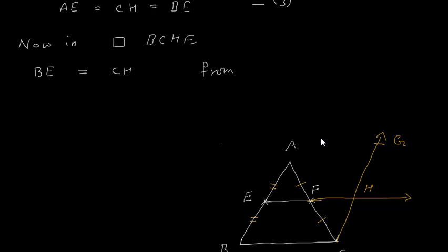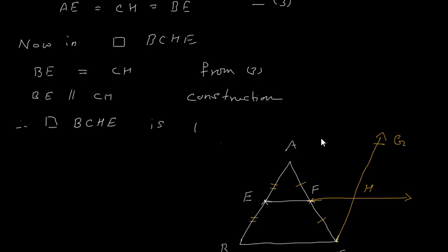This is from 3. And BE is parallel to CH. This is by construction. Already we have drawn this parallel. Therefore, we will say that this quadrilateral BCHE is a parallelogram.